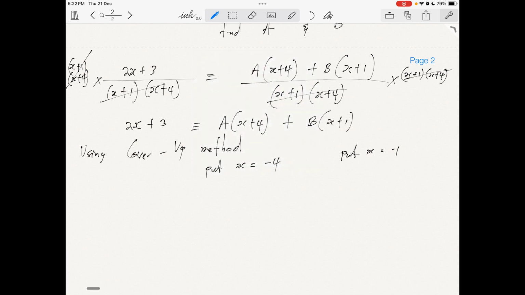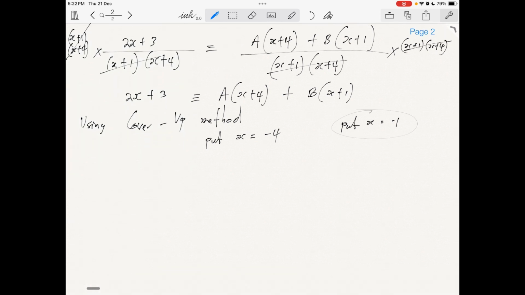Now we just have to start with one. So let's start with the one for a. We put x into -4. So wherever I see x, we put -4. So that's 2 into -4 plus 3 is equal to a into -4 plus 4 plus b into -4 plus 1.